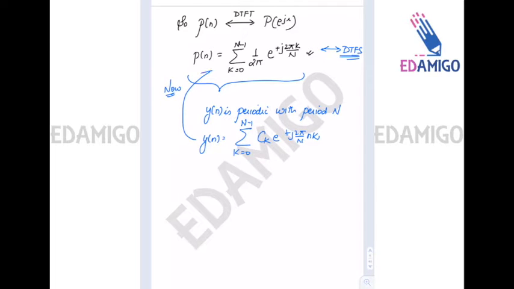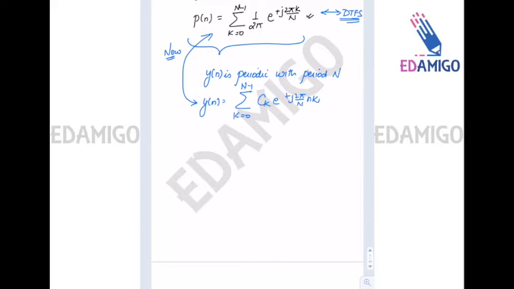Now I can compare these two. By comparison, Pn is a periodic signal with period capital N, and the DTFS coefficients of Pn are 1 upon 2 pi, for k from 0 to N minus 1.